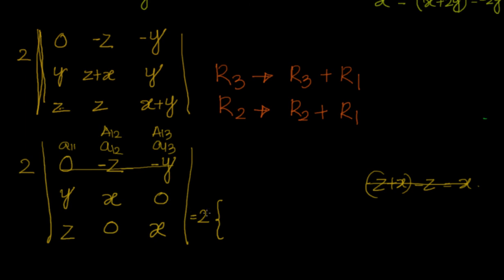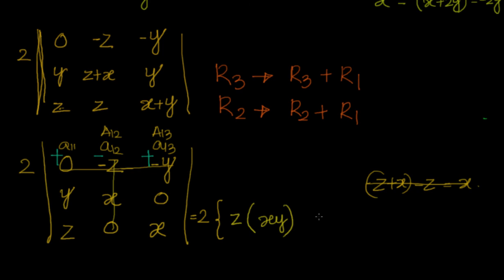That's nothing but equal to 2 into A12. I know that if you remember, minus 1 to the power of i plus j, plus here, minus here and plus here. That means this will become z into, if I take that row and column out, I have xy.